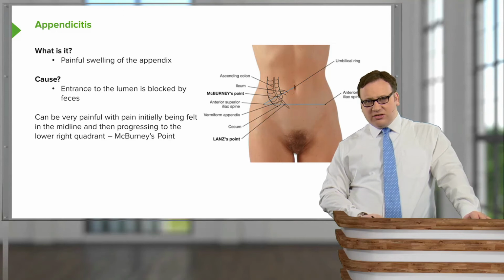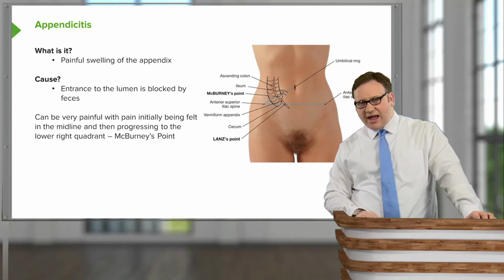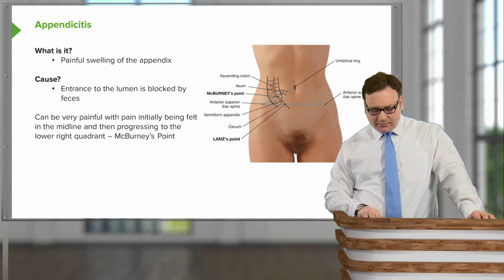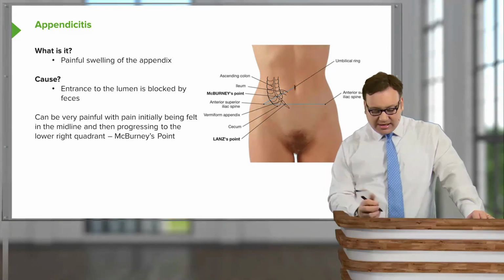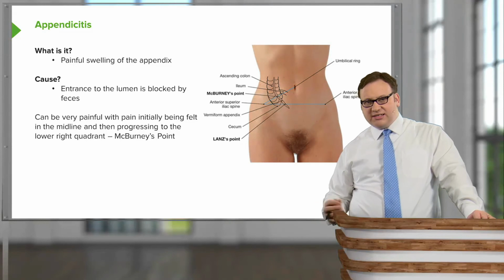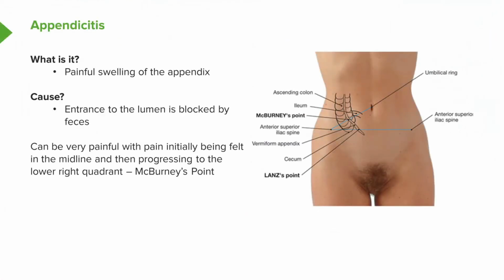Now, we mentioned this when we looked at the surface anatomy, but now we understand the anatomy of the appendix a bit more. We may be able to appreciate the position of the appendix in this right inguinal region. Again, we can locate the umbilicus and the anterior superior iliac spine, and a line drawn between these 2 points, a third of the way from the anterior superior iliac spine to the umbilicus, so about here, is what's known as McBurney's point.